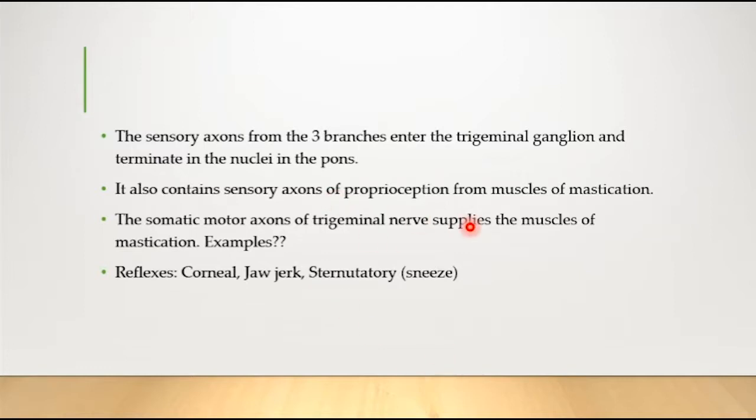So the somatic motor axons of the trigeminal nerve supply the muscles of mastication. Examples, Beverly? Farah?